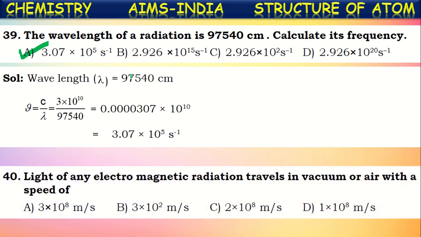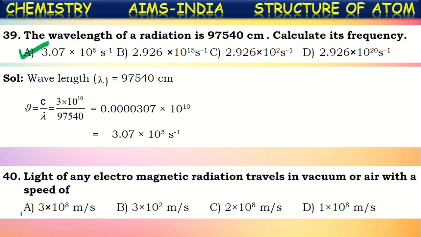Okay, next. A light of any electromagnetic radiation travels in vacuum or air with a speed of. What is the velocity of any electromagnetic radiation? It is considered that all the electromagnetic radiations travel with the same speed, that is speed of light. It is equal to 3 into 10 to the power of 8 meters per second, or 3 into 10 to the power of 10 centimeters per second.